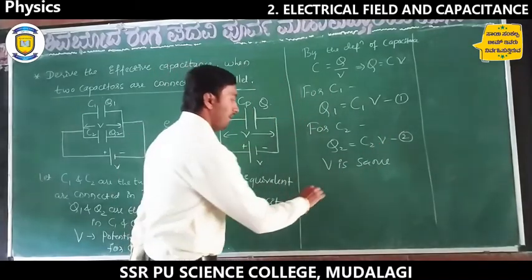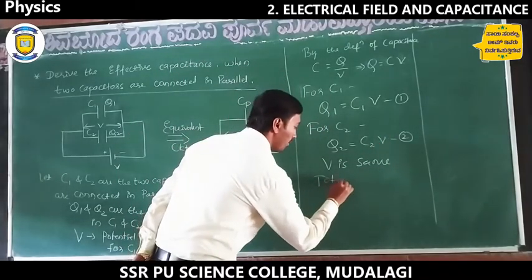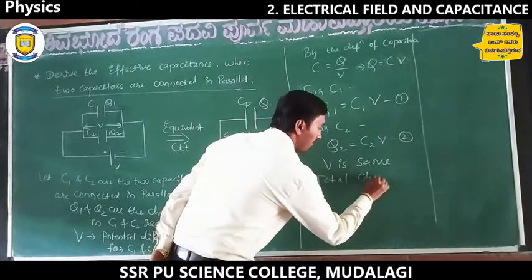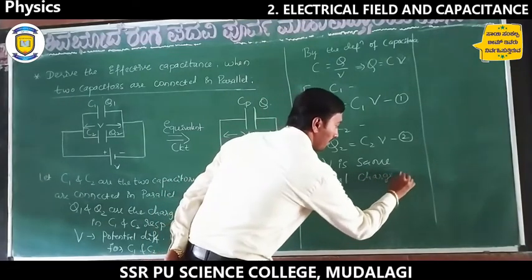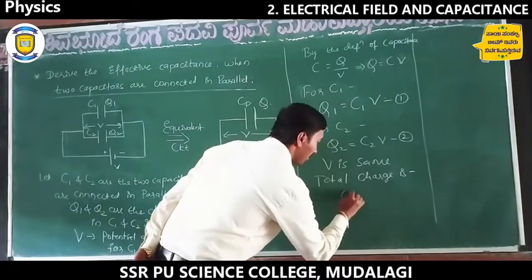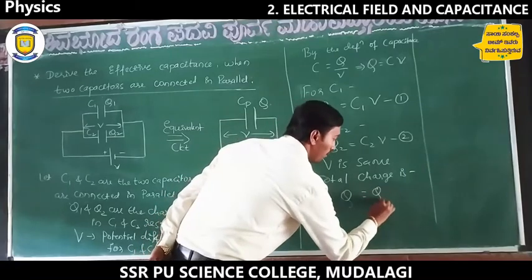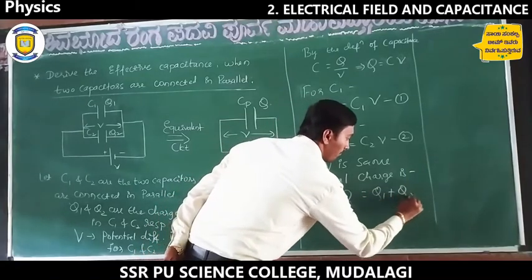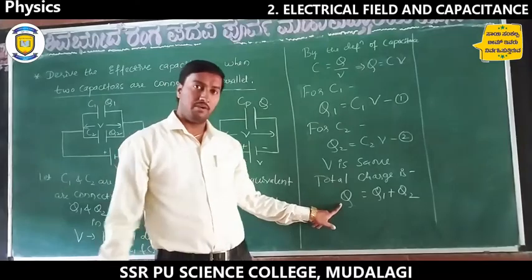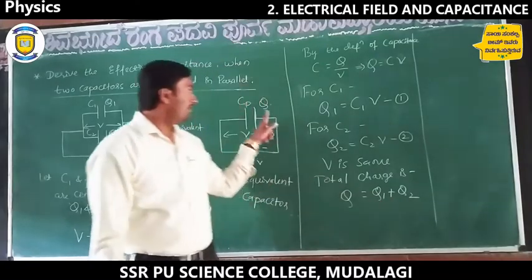Then the total charge is Q equal to Q1 plus Q2. This is the total charge.